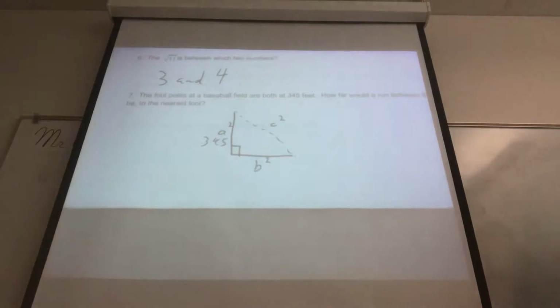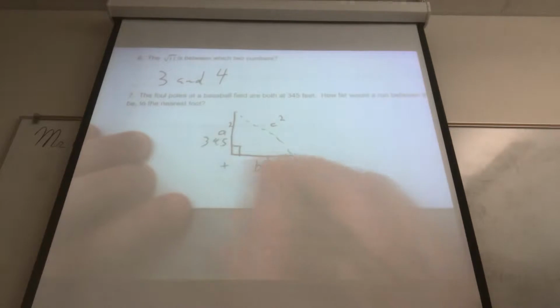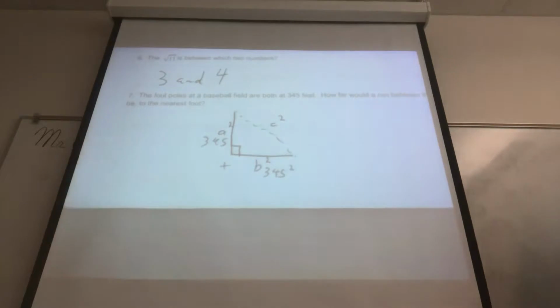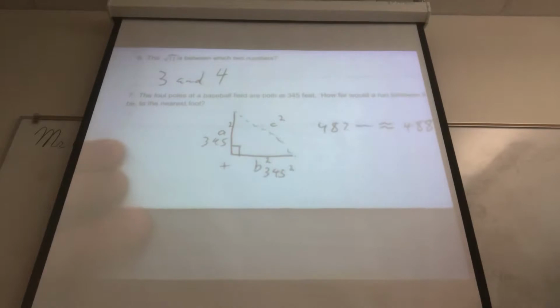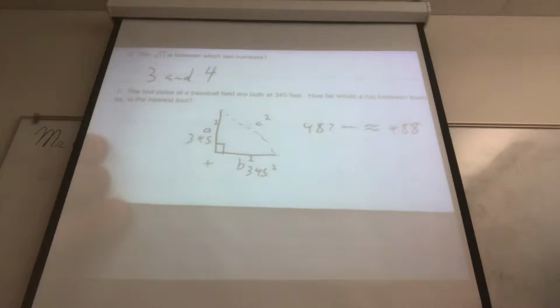So on the calculator, I would take 345, square it, and then add also 345 squared. And then I would take the square root of that. I'm not sure I remember this one. It's like 487 point blah, blah, blah, I think. Which would make it 488 to the nearest foot, okay?